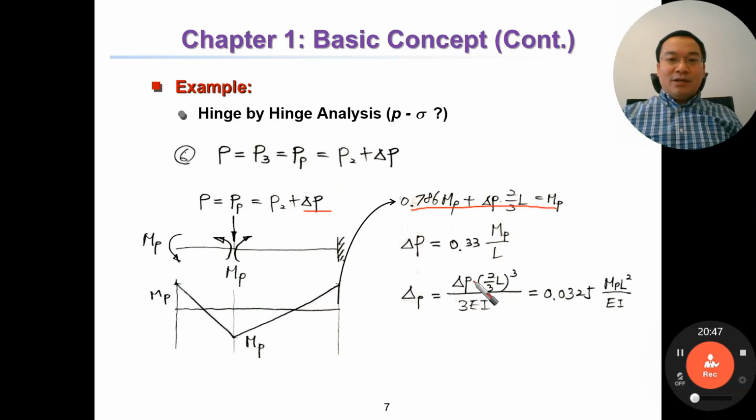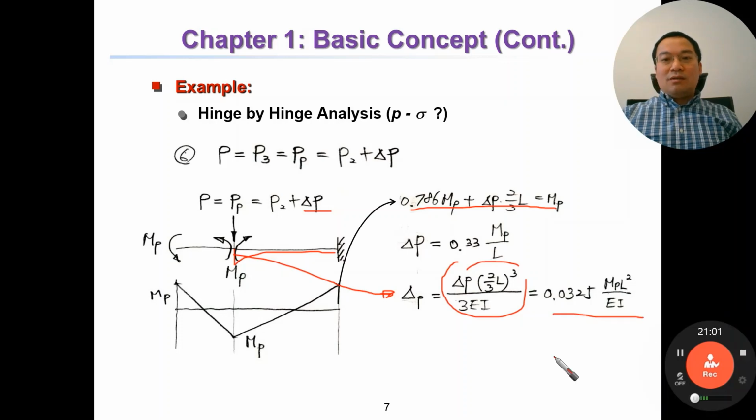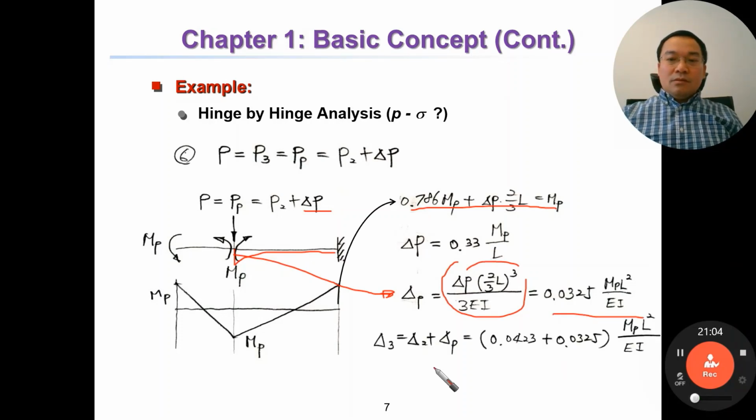And the deflection due to ΔP equals this one. This is the deflection of a cantilever beam. Then it is simple, you can understand this. Or the total deflection corresponding to P3, and P3 and delta 3 is the total deflection at this point, equal to delta 2 plus delta P. Delta P is the deflection due to here.